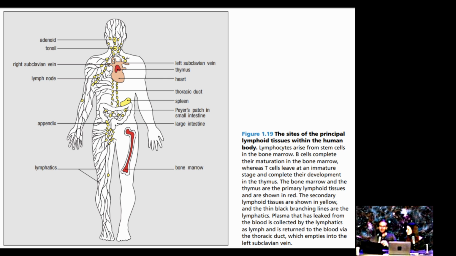Like I said last time, this is a very unique cellular system in the body. It almost resembles an amoeboid. These things move around on their own. They kind of walk as they go. They can squeeze through blood vessels.